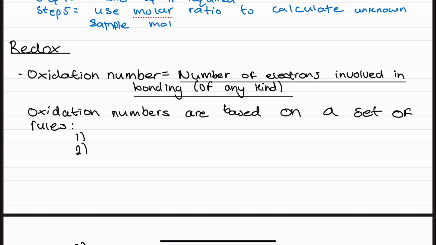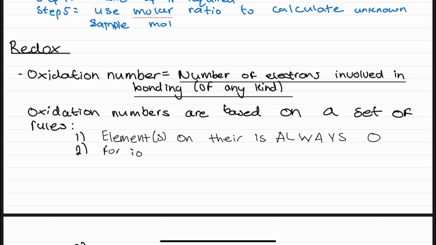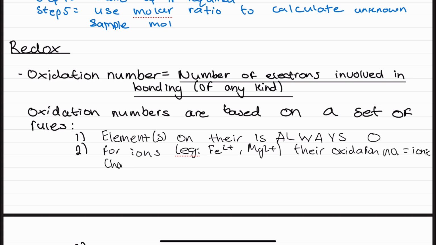The first rule being that the element or elements on its own is always with an oxidation state of 0. Number 2 is that for ions, for example iron 2 plus, magnesium 2 plus, their oxidation number is equal to their ionic charge.